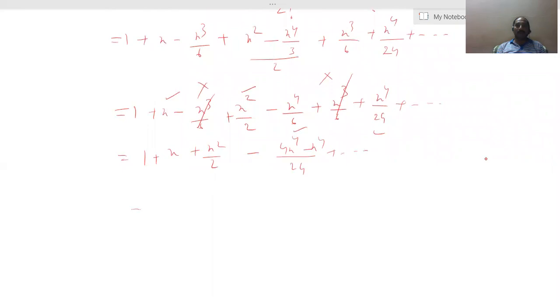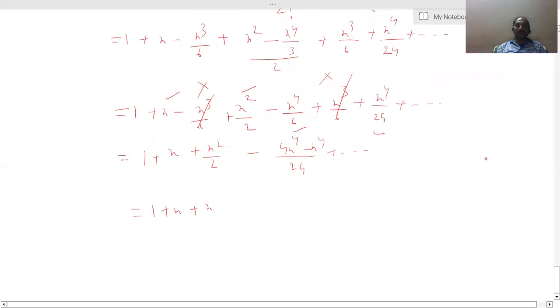Simplify this expression, we get 1 plus x square by 2 minus 3x power 4 by 24, 3 is 8, plus and so on. 1 plus x square by 2 minus x power 4 by 8 plus and so on. That's all.